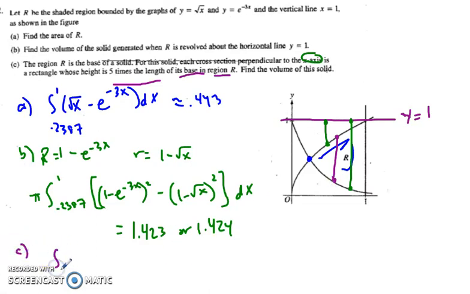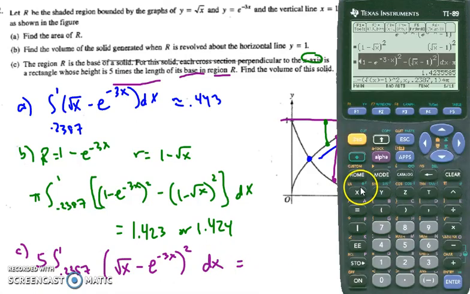So same limits of integration, 0.2387 to 1, top curve minus bottom curve, so rad x minus e to the negative 3x. You're going to square that because it's really this times itself times 5 to get the length of the rectangle. So once again, we're going to evaluate this in our calculator.